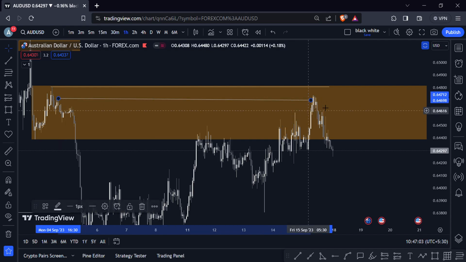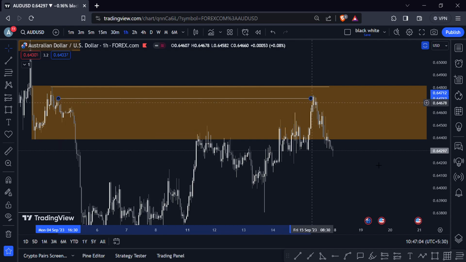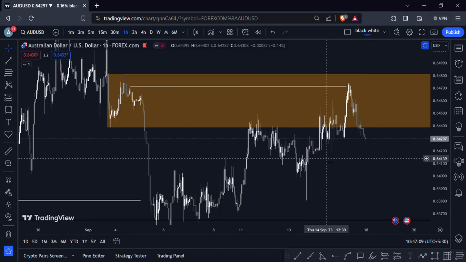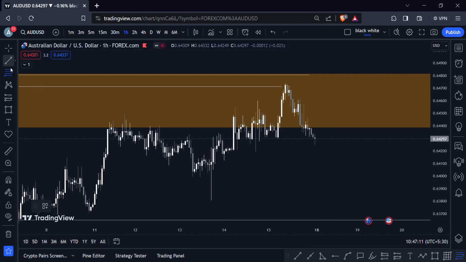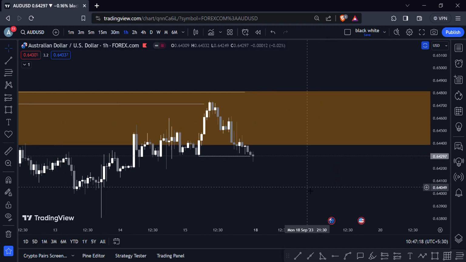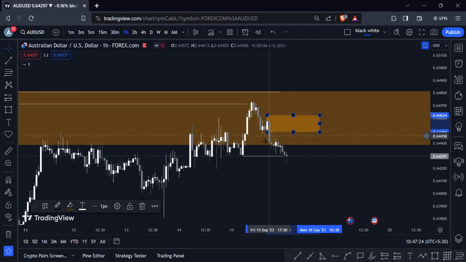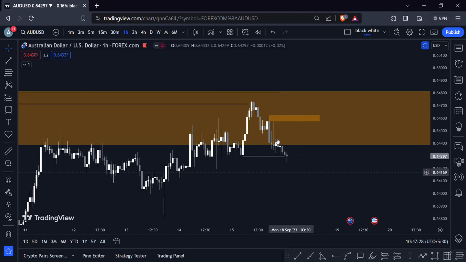So in 1 hour, it is somewhat confirming that we are in a downtrend, and it has already started. So the price is violating this zone. It has already respected this zone. So almost everything is mitigated here except this zone.